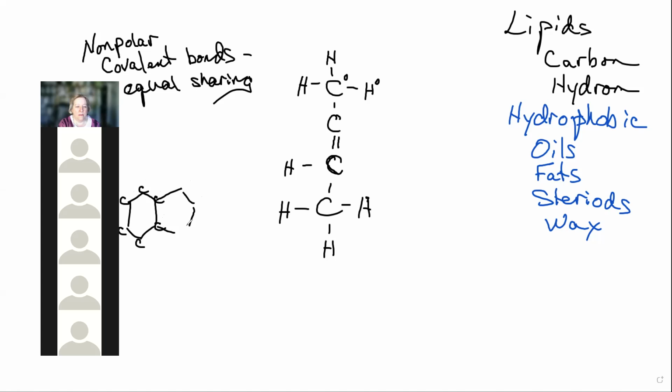So steroids are 4 carbon, I think. No, I think they're 5 carbon rings. Anyway, we've got one that's up here, and then I've got another one up here that's smaller.